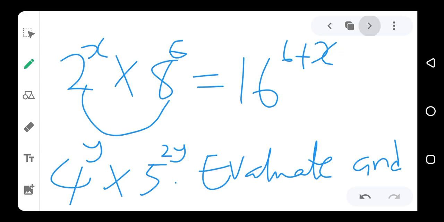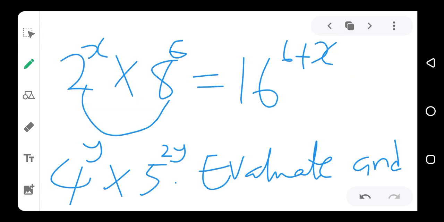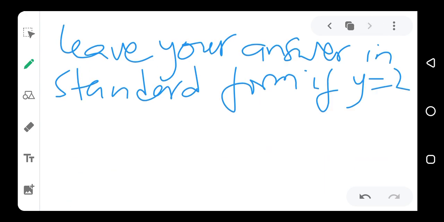Evaluate and leave your answer in standard form if y is equal to 2. What are we going to do? We multiply 4 by 5 and add the powers. 4 by 5 is equal to 20.